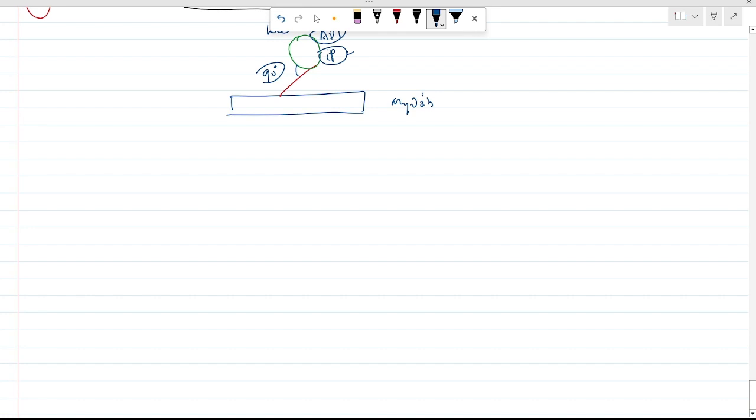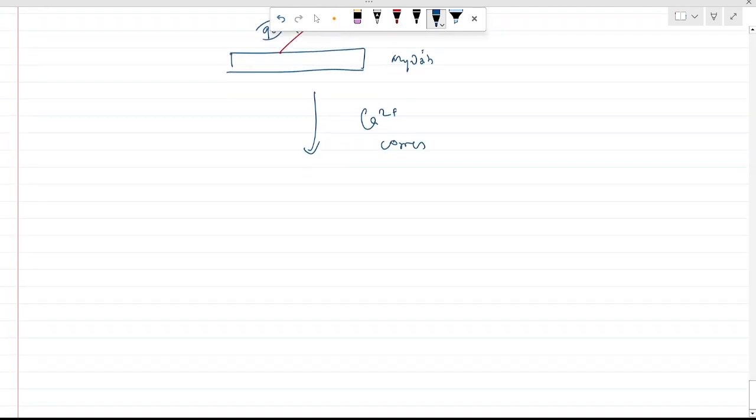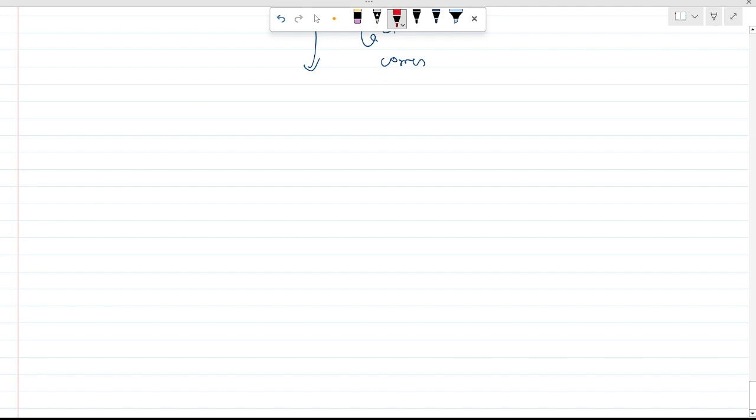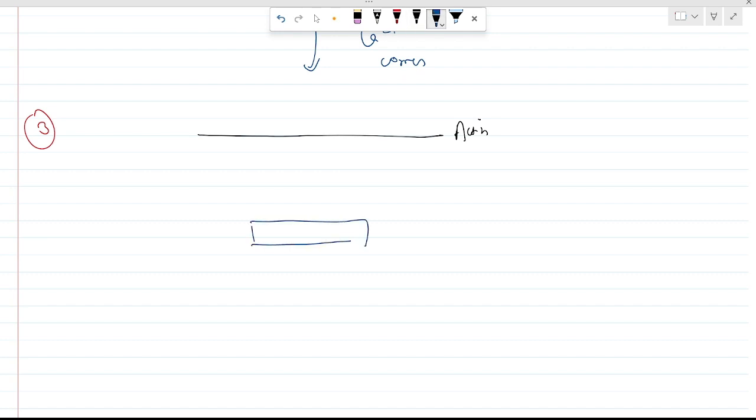After this second step, calcium comes. Calcium comes from where? From the sarcoplasmic reticulum. Calcium comes from the sarcoplasmic reticulum. Very important step. This is our actin, this is our myosin.